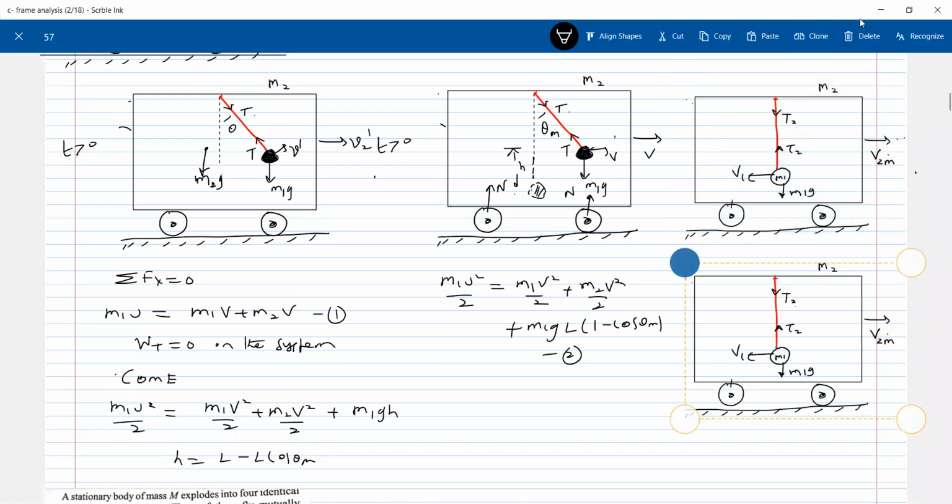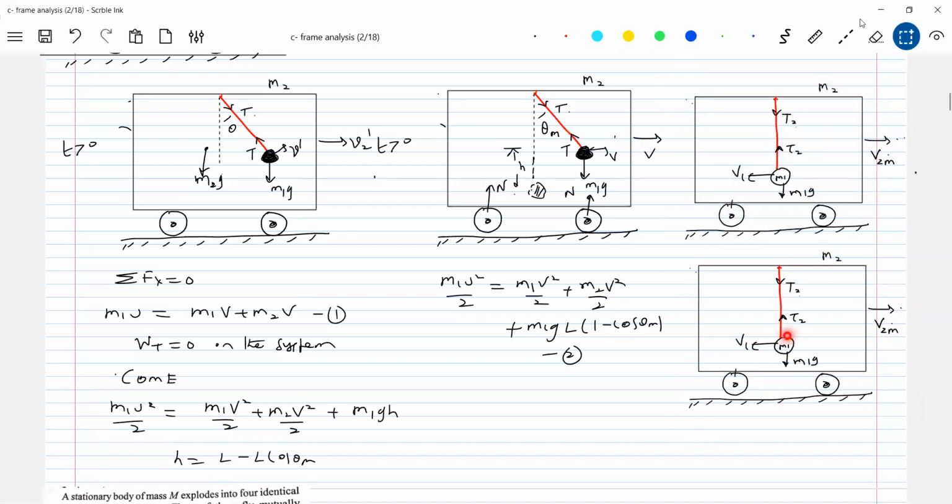If you are able to imagine, well and good, no need of diagram. I'm making things clear. If you are able to imagine, there's no necessity of diagrams. Straight away you can write the equation. If you are unable to imagine, then you have to draw a diagram. So when the string makes an angle, take some theta 3.